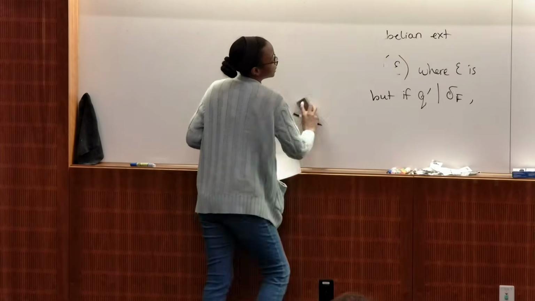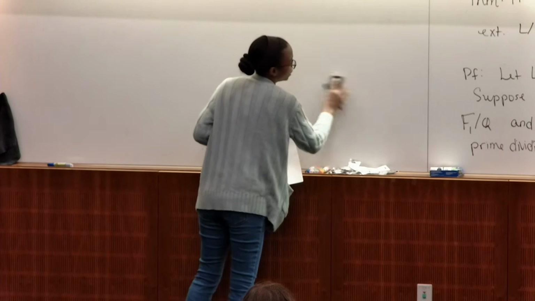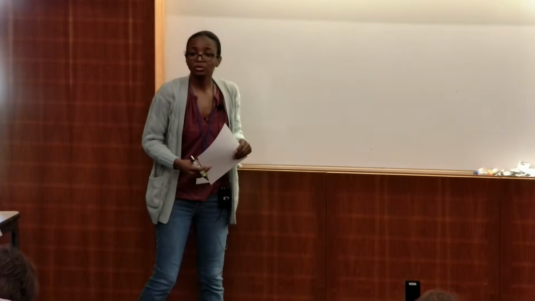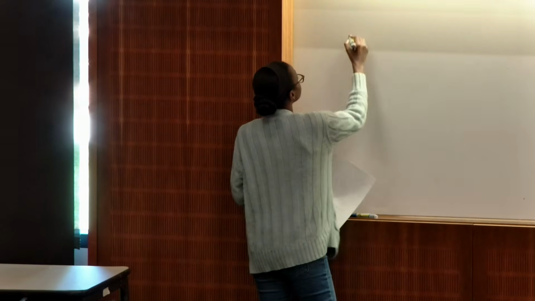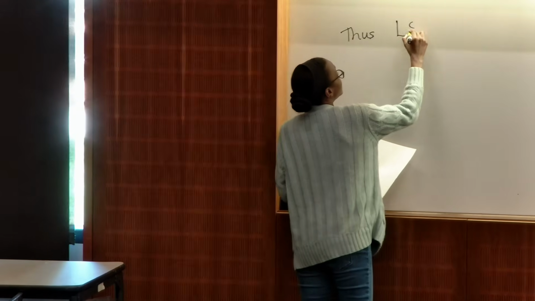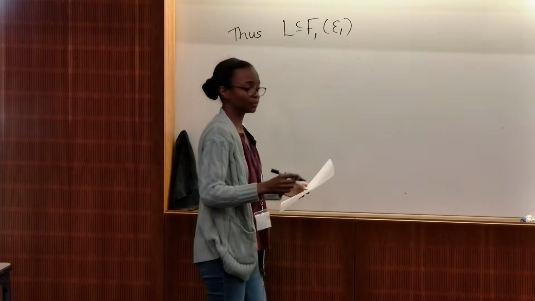But I said earlier that I didn't make a claim that F was contained in L or L was contained in F for any of the Fi's. And so we do still have something to do. We need to explain why this gives us that L is itself contained in a cyclotomic extension. And so here's the final step. What we have are these containments. L is contained in F1 adjoin a root of unity.